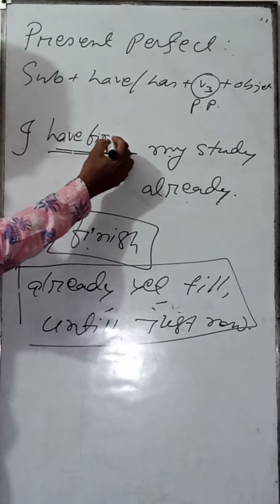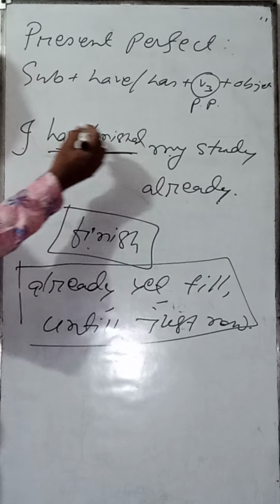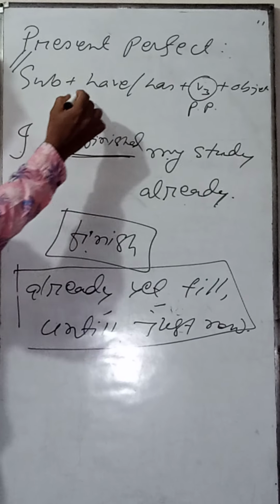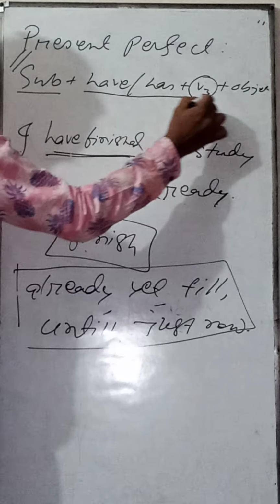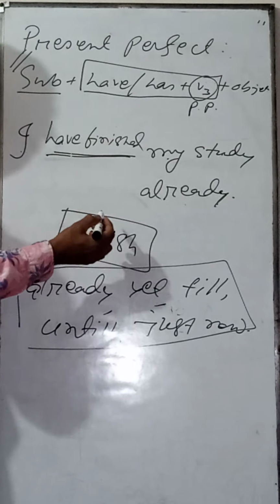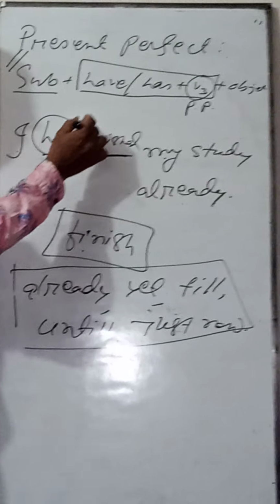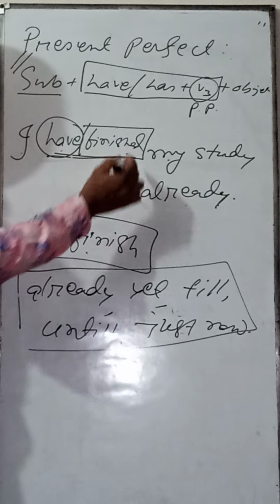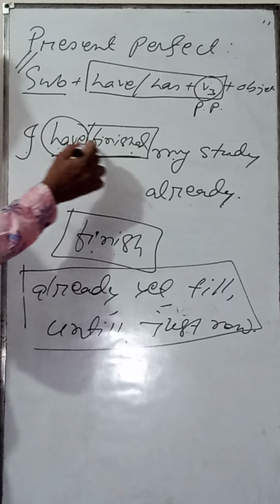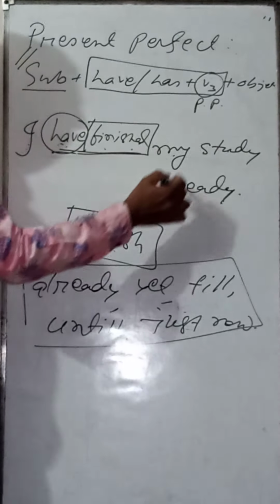Because the structure of present perfect is subject plus have or has plus V3. You have to write down the auxiliary verb have or has, then the V3 of the main verb. So it will be, I have finished my study already.